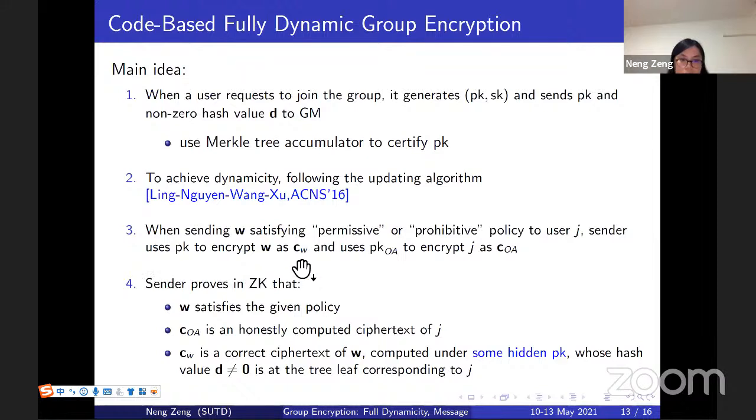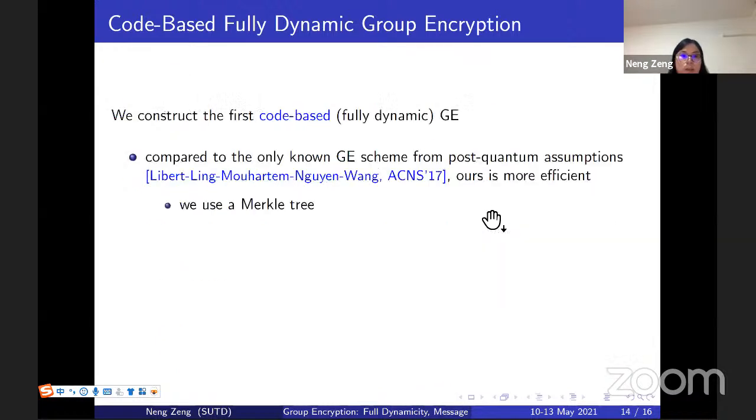Also, the sender proves in zero knowledge that the message satisfies the given policy, and that the ciphertext for the open authority is an honestly computed ciphertext of the identity. And also that this one is a correct ciphertext of the message computed under some hidden public key, and we satisfy this constraint. So we construct the first code-based fully dynamic group encryption.